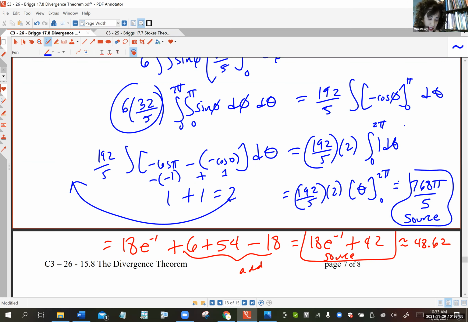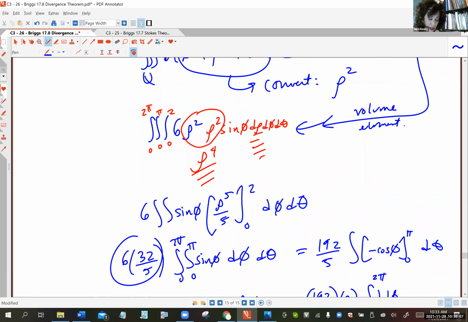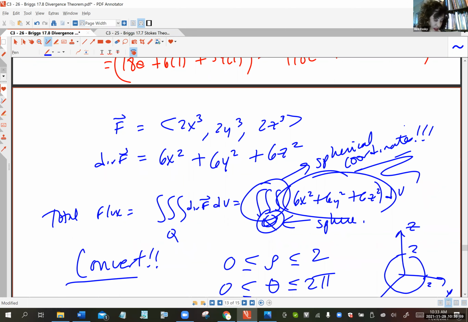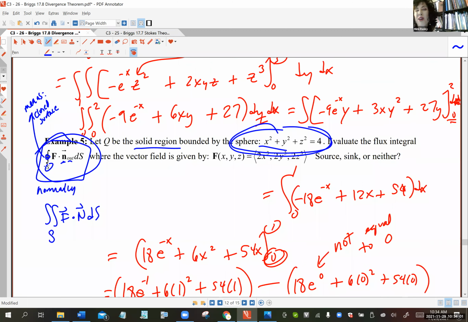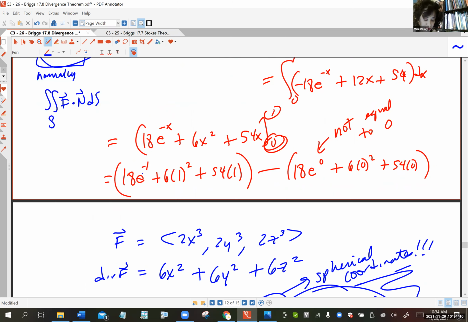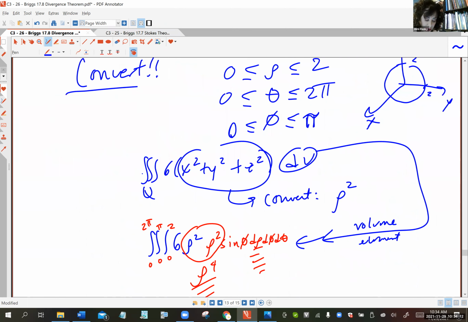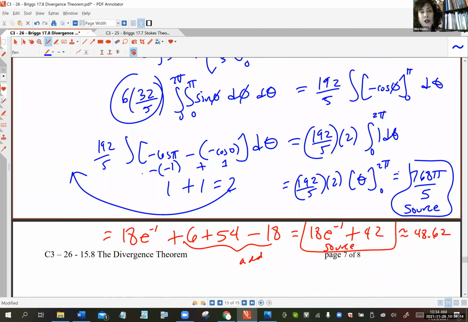And that was another example of using the divergence theorem. So what was the whole point of this problem? A couple things. I wanted to introduce some alternative notation to you. And this problem, one of the big things was spherical coordinates. Now remember last lecture, I did an example where we used the divergence theorem with cylindrical coordinates.